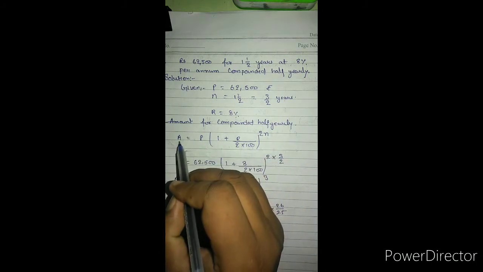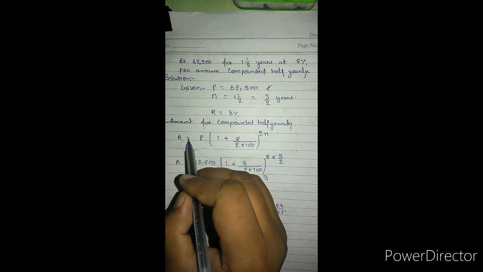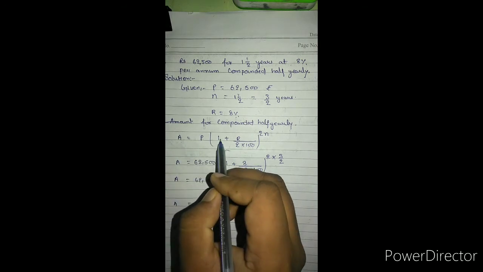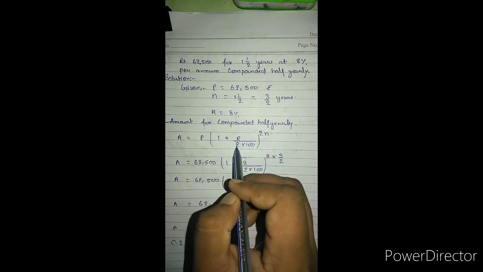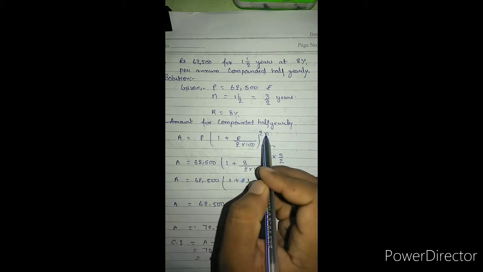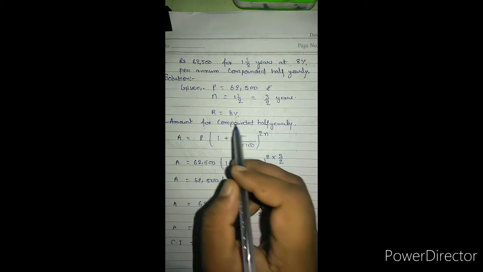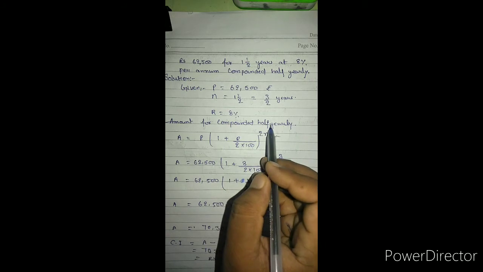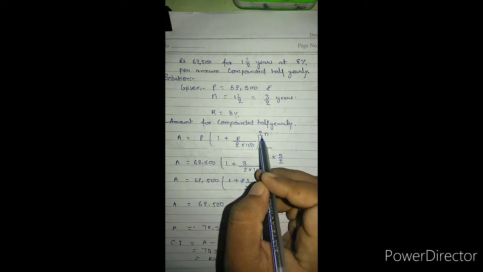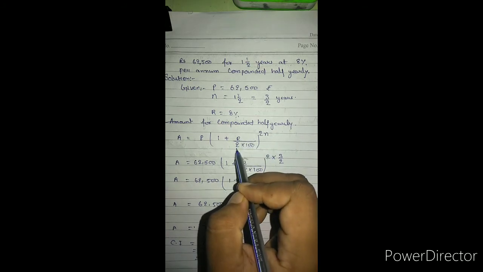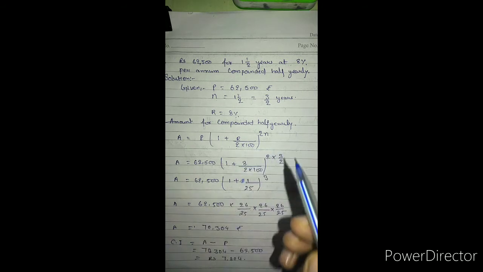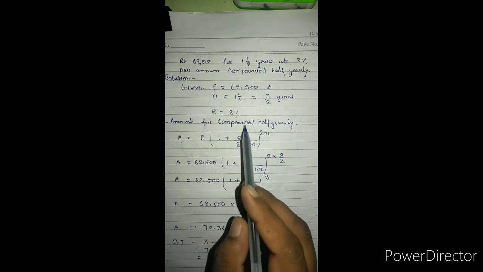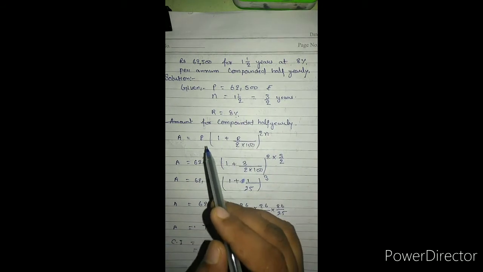So we know the formula for compounded half yearly. A is equal to P into (1 plus R by 2 into 100) to the power 2n. Means for compounded half yearly, time is multiplied by 2 and rate is divided by 2. Now put all the values in the formula.